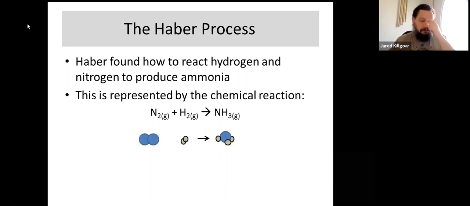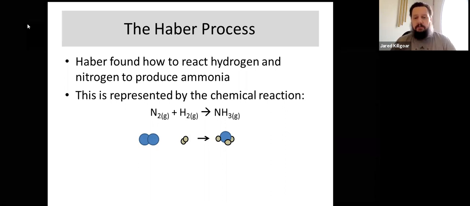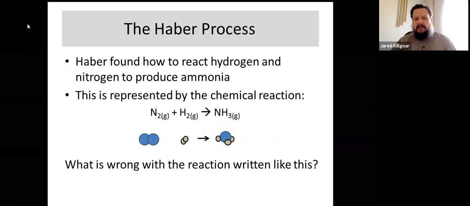So we have nitrogen: a particle of nitrogen, N2, is made of 2 blue circles. A particle of hydrogen, H2, is made of 2 gray circles. And a particle of NH3 is made up of 1 blue circle and 3 gray circles. You might look at this and notice that there's something wrong with this reaction.